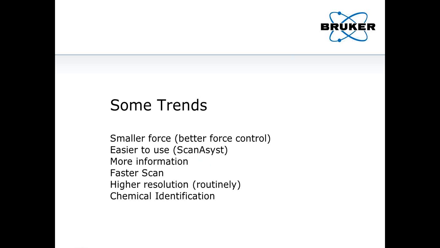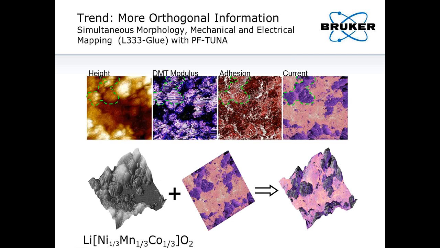simultaneously. It goes way beyond just topography imaging. As we said, with PeakForce Tapping mode, you get mechanical properties. And when we combine PeakForce Tapping mode with, let me show you an example, conductivity measurement, which we call PeakForce TUNA, you get all this information here: the topography, of course, the modulus, the mechanical property of the sample, adhesion, which reflects the chemical properties of the sample, and you get a conductivity map.